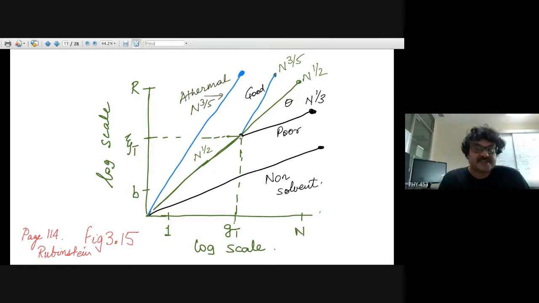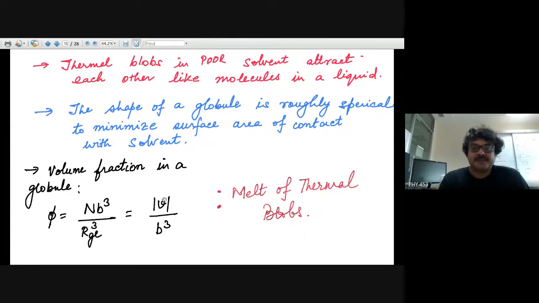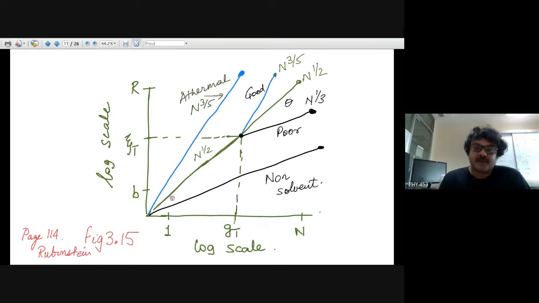Whereas if you have a finite size of a thermal blob, then from 1 to g_T monomers, at this length scale, you will have an ideal chain. But above that, you can see the good solvent characteristics. So this is a self-avoiding walk of blobs. That will go as number of blobs to the power 3/5. So N to the power 3/5 will be the behavior.